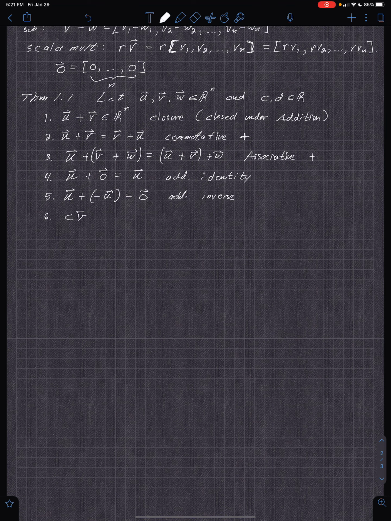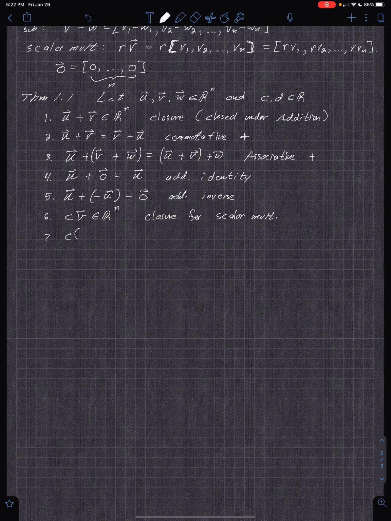C times V is in R^n. So that's a closure for scalar multiple. Okay, so 7 is a distributive for scalars.